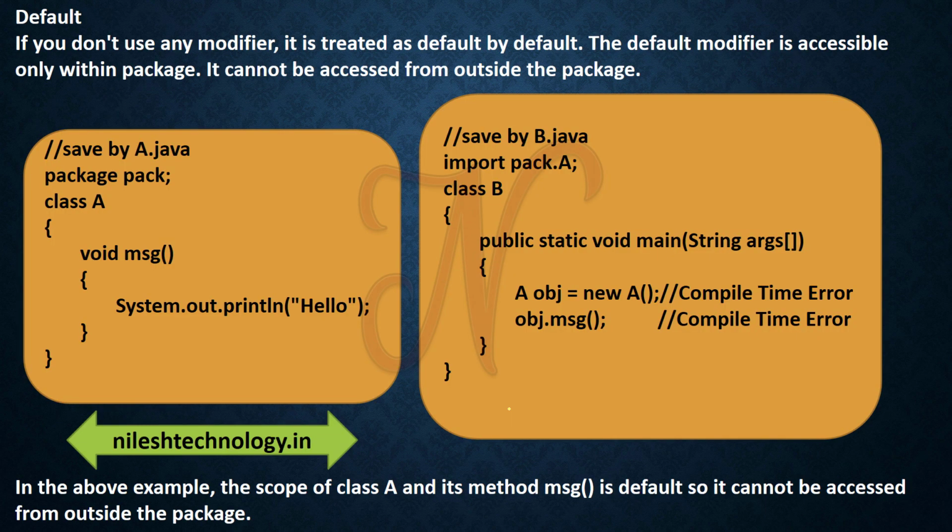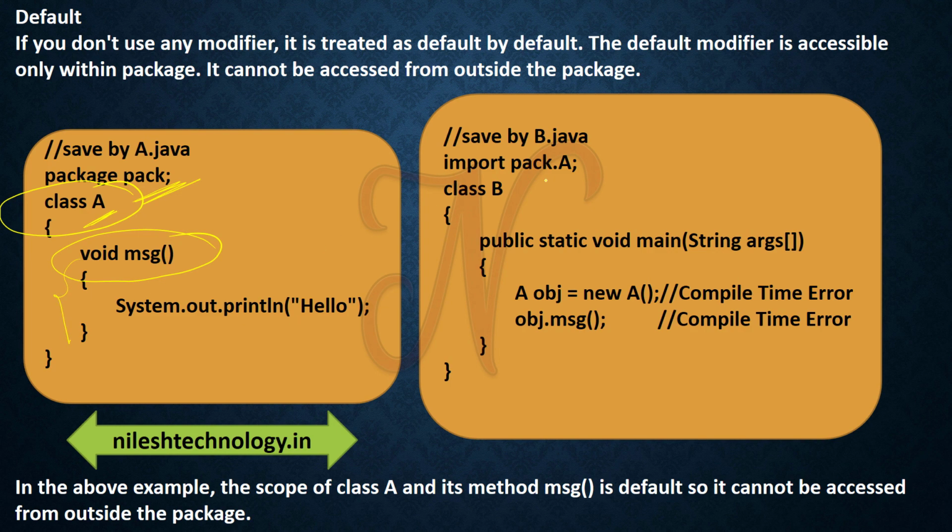Next, we have already seen the package concept. In a package, I have already told you that the class and functions must be public. If you forget public, then a compile time error will be generated. They cannot be accessed. This is my package, named pack, and this is my class A with one function, message.